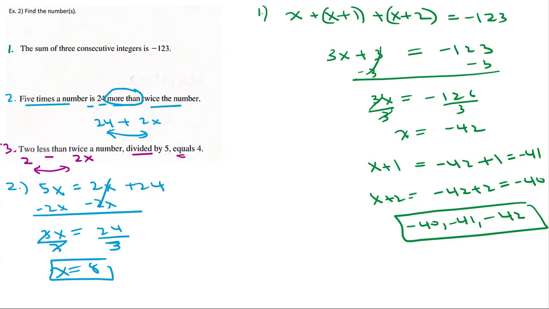So number 3 here, we're going to have 2 less than twice a number, so that's going to be 2x minus 2, divided by 5. We divide the whole thing by 5, equals 4.